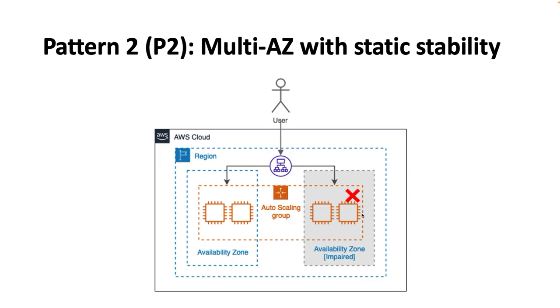So you can actually optimize. If your application can support this pattern, where it can support distributed operation across multiple instances, you can deploy your workloads to all the available AZs, usually 3 or more.